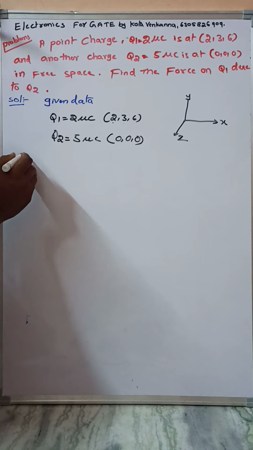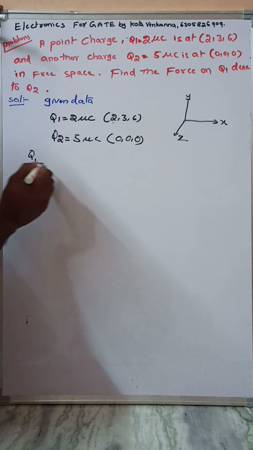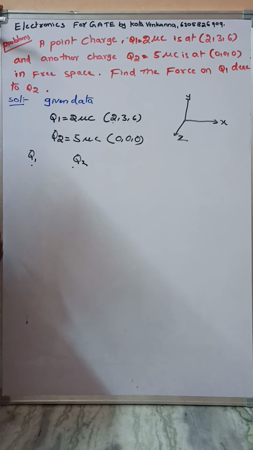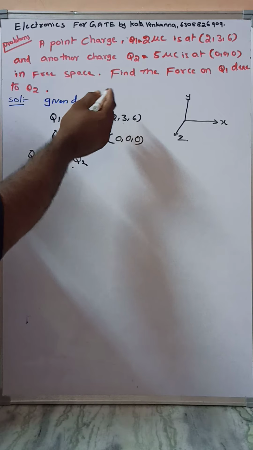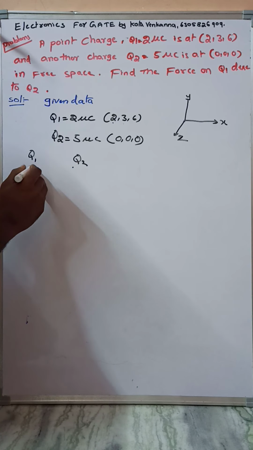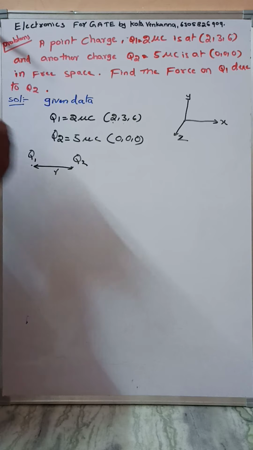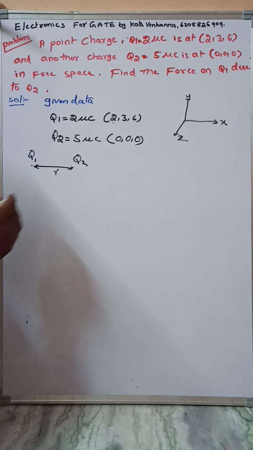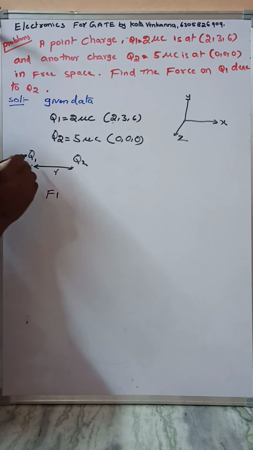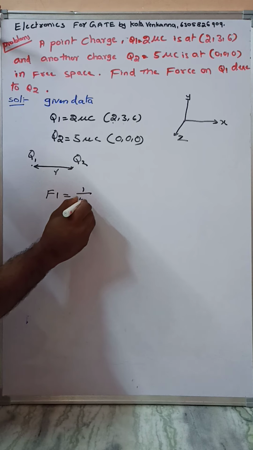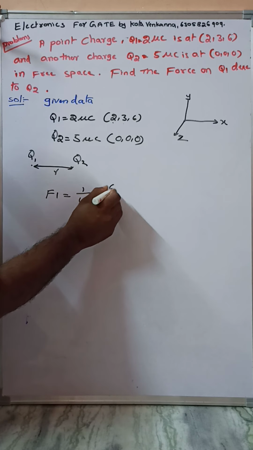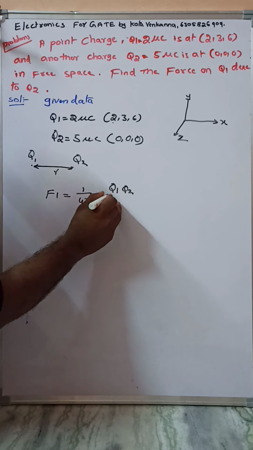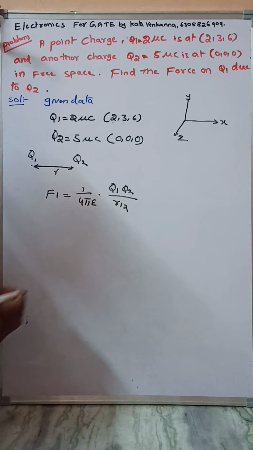So here we have Q1 and Q2, and we have to find the force on Q1 due to Q2. The distance between these two is R. The force on Q1 due to Q2 is F1 equals 1 by 4 pi epsilon, Q1 into Q2 by R12 square, into A12, the unit vector.